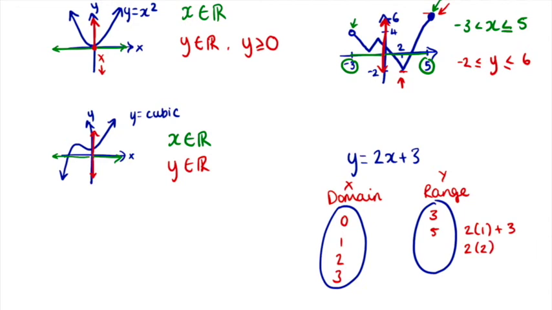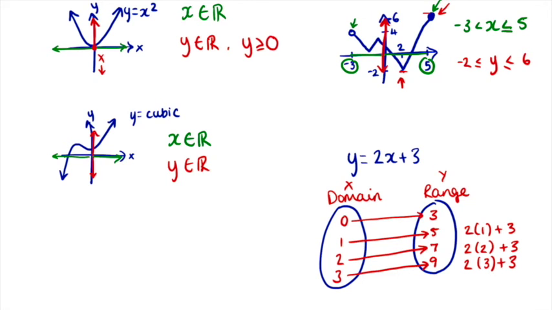And then for the next one, I have 2 times 2 plus 3, so you might see it's a bit like a sequence. So that gives me 4 plus 3, which is 7. And then the last one is 2 lots of 3 plus 3. So that gives me 6 plus 3, which gives me 9. So each of the domains maps onto one of the range values.